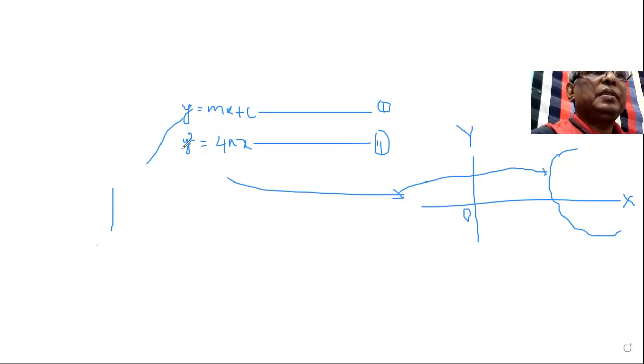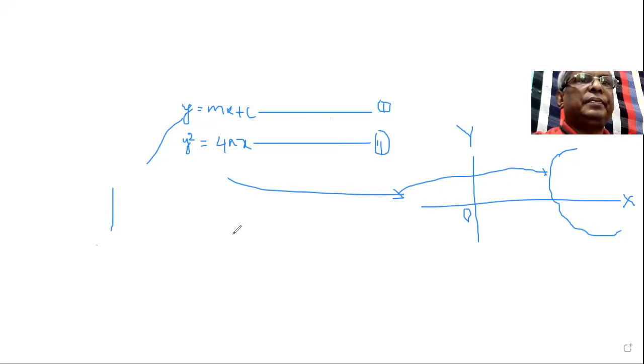So now the question is, in which circumstance will this line touch this parabola? We have to discuss here what is the condition when this line will touch this parabola.